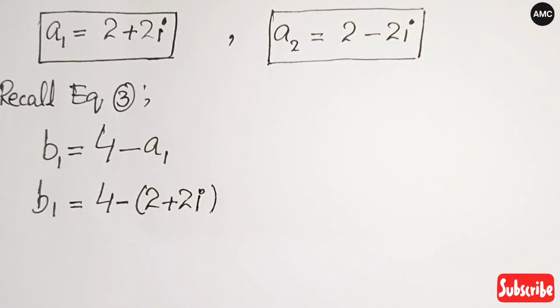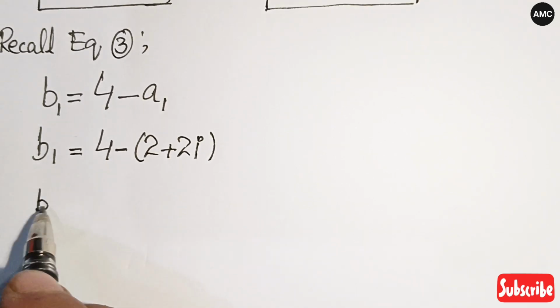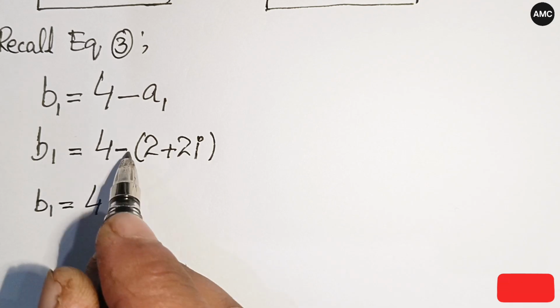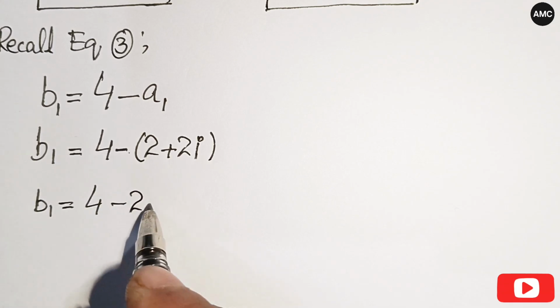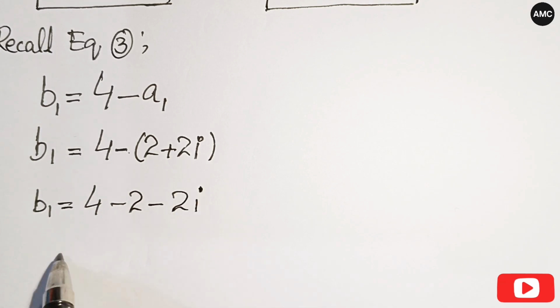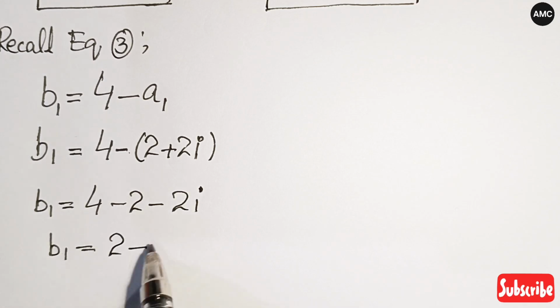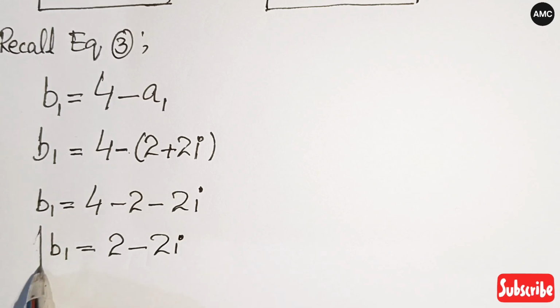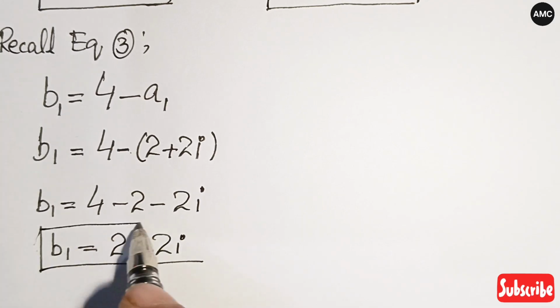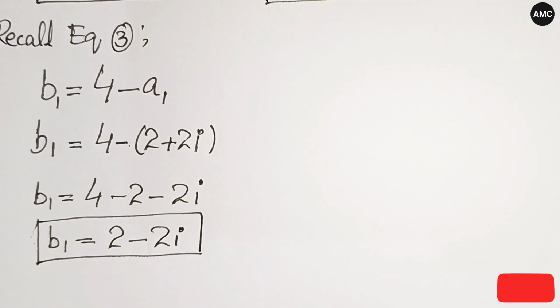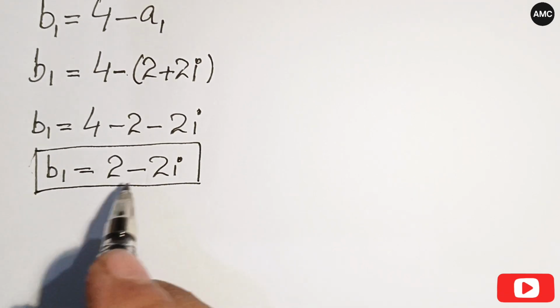So b1 is equal to 4 minus 2 minus 2i. So we have the value of b1 as 4 minus 2, which is 2 minus 2i. It means that when a is equal to 2 plus 2i, then b is equal to 2 minus 2i.